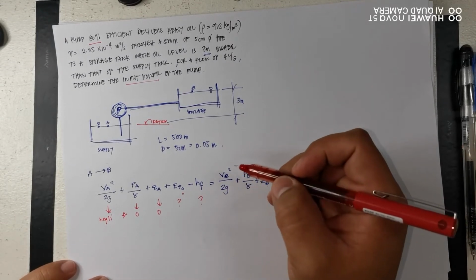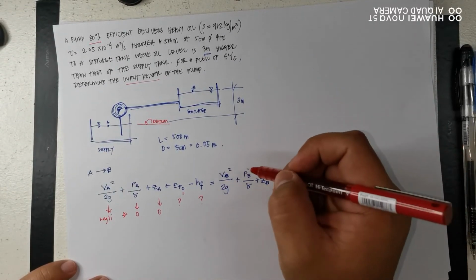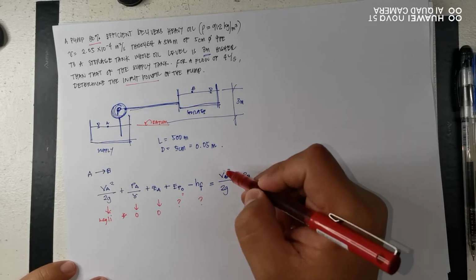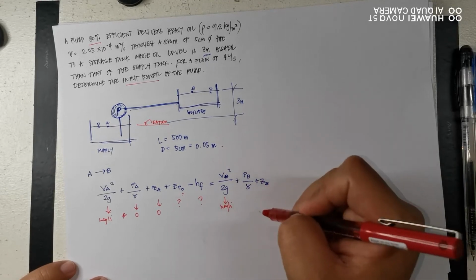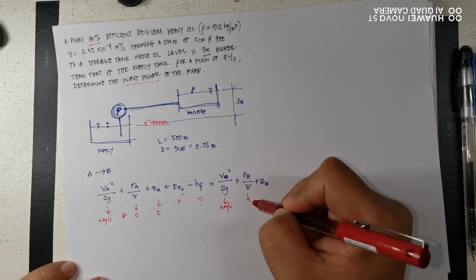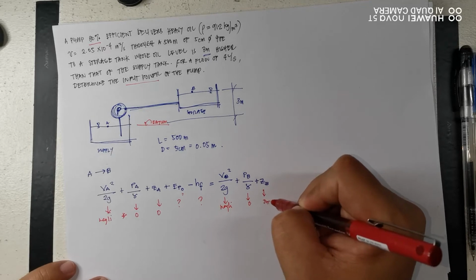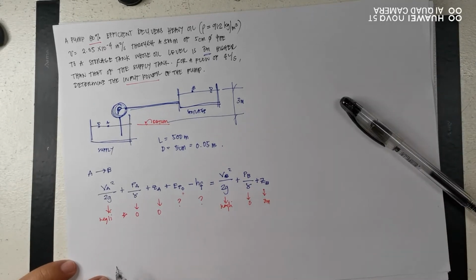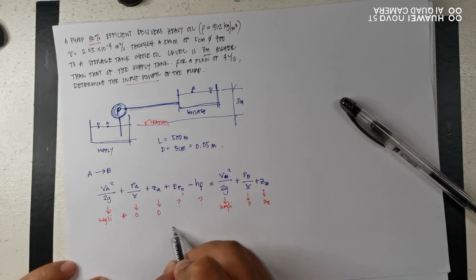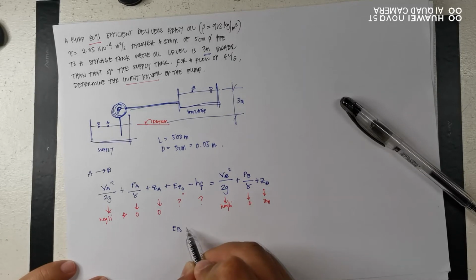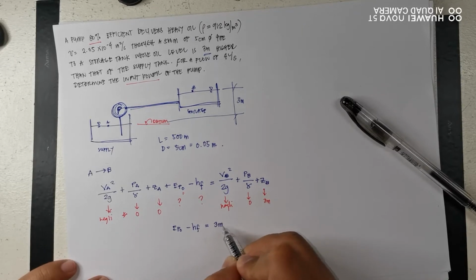Okay. Punta tayo ron sa kabilang side ng equation. So sa point B, ganun din, yung velocity head niya will be negligible. Yung pressure head niya will be 0. And then yung ZB niya will be 3 meters. Okay. So pag sinulat natin itong equation na to, ang matitira na lang sa atin ay si EPO minus HF is equal to 3 meters.